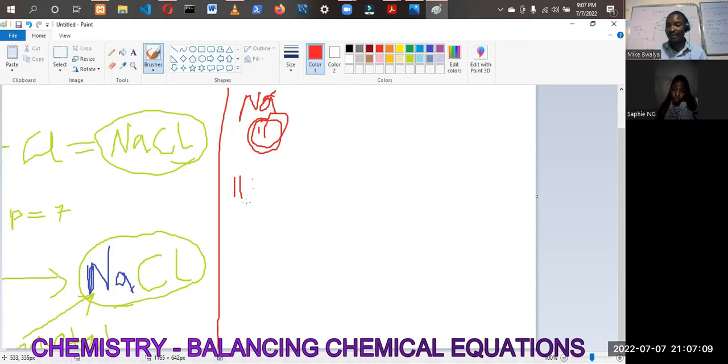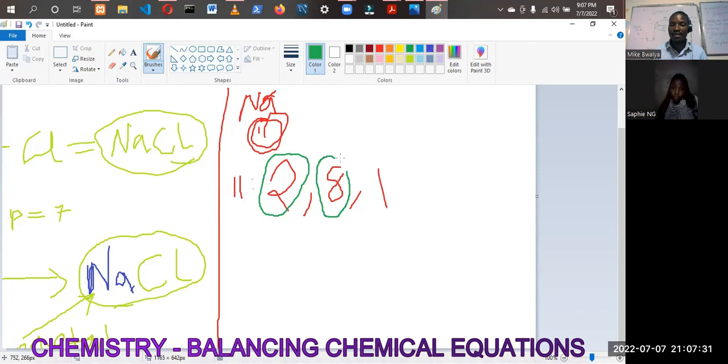you start configuring it. There's what we call electronic configuration. So when you configure 11, you say 2, 8, 1. Meaning the 2 there, you add it with the 8, and then also add the 1 there, and you should get back to 11.